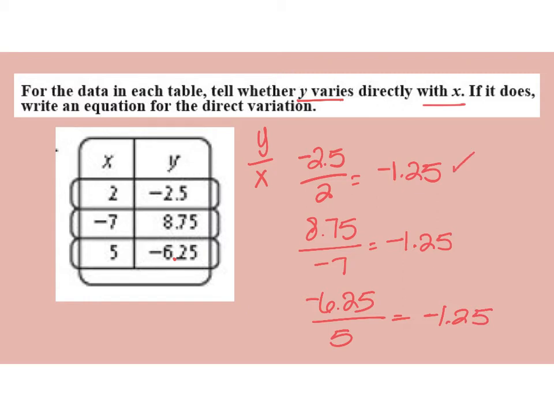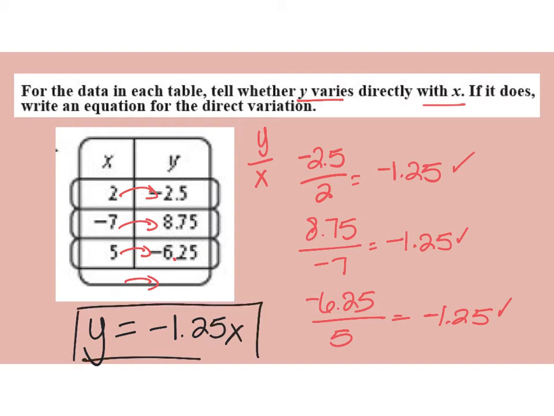Because they are all the same, that means we're multiplying by negative 1.25 every time across the table. So this is a direct variation, which means I can write an equation. Our equation in this case is y equals negative 1.25x. A very simple equation.